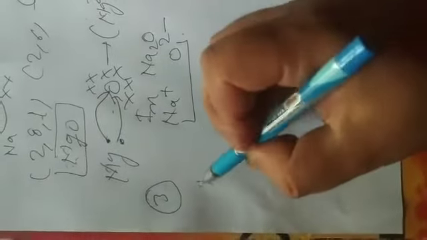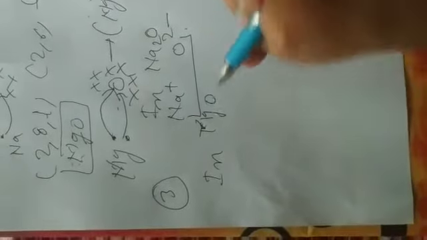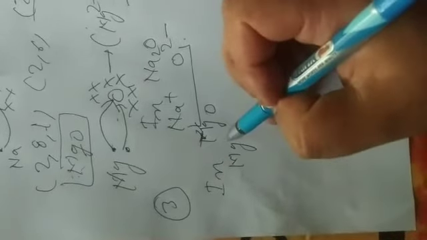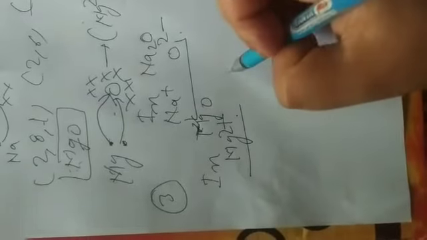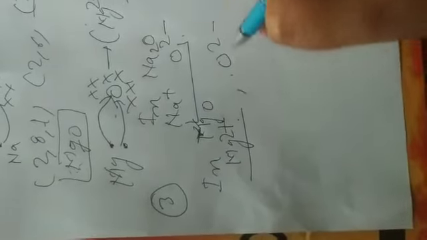In magnesium oxide, MgO, magnesium 2 plus ions and oxygen 2 negative ions are present. So this is the answer of this question. Note this answer.